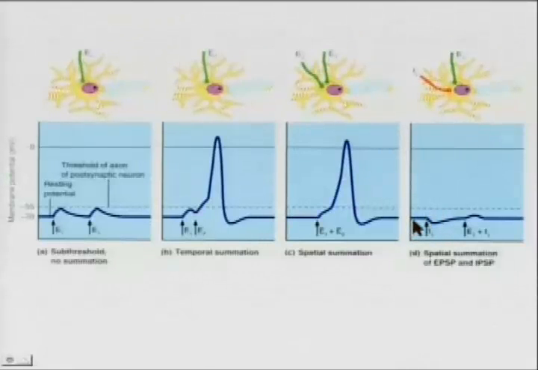Here in this example we're looking at spatial summation, actually a cancellation almost, of an inhibitory postsynaptic potential, or IPSP, mediated most likely via GABA, opening a chloride channel with chloride influx, making the membrane more negative on the inside.